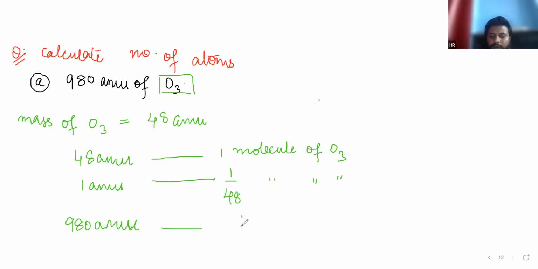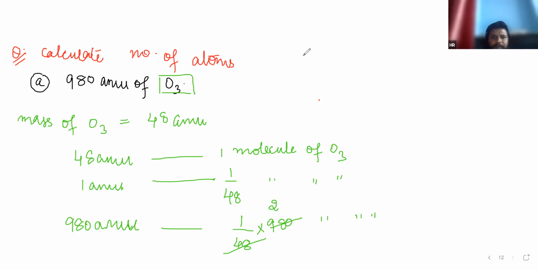980 AMU. So what we will have is 1/48 into 980 molecule of O3, and it will be cancelled out by... wait a minute, O3. O4. I just took a wrong number. Just correct it, 960. So we will have a better figure after calculation.